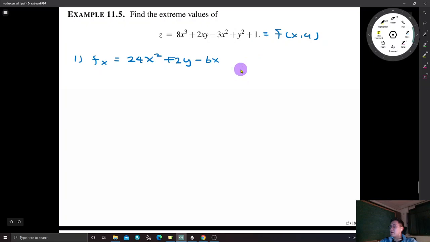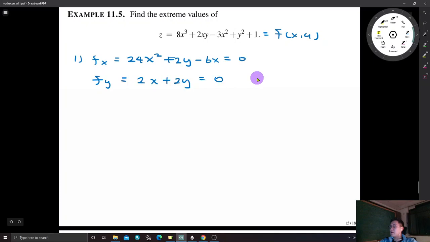And f sub y: the first term is a constant, the second term gives 2x, the third term is a constant so it goes away, the fourth one gives 2y, and then 1 is a constant. So we just computed the first order partial derivatives and set them equal to 0.